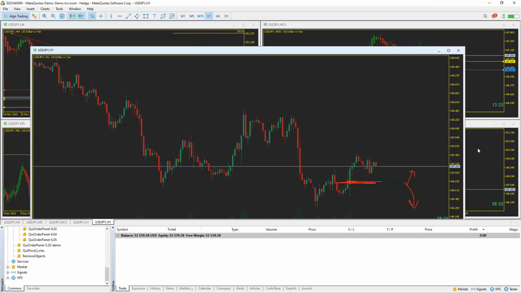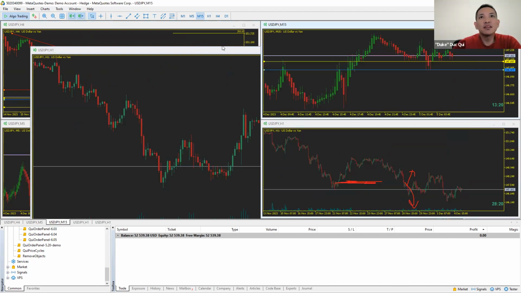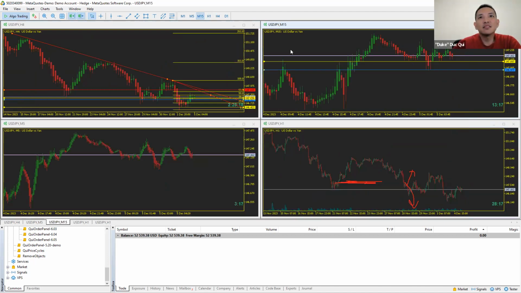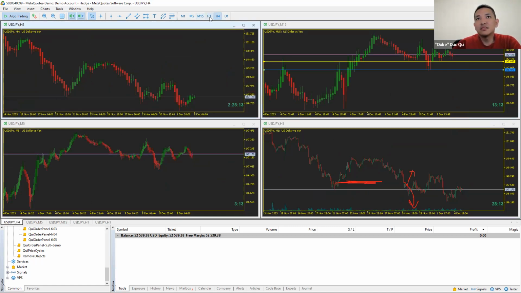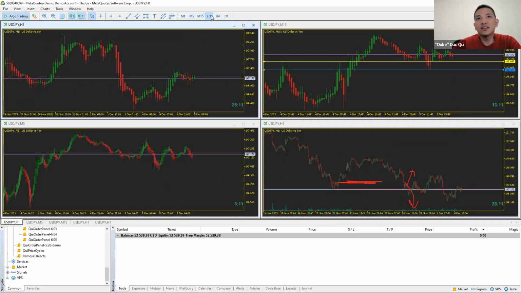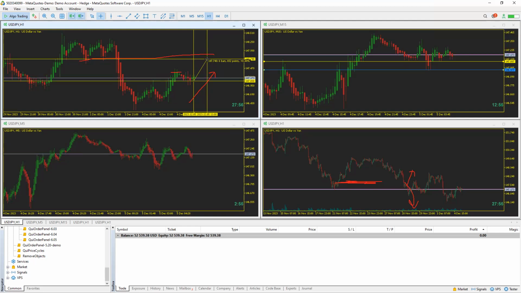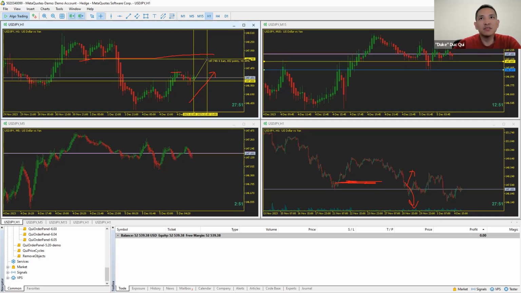Okay, so on the 1 minute, clear this stuff off. So you see here, this hour right now is up, which means it's probably going to break this and come to here. So if I want to be in buys, 65 pips. You see that? It's not hard for the market to do that, especially overnight.